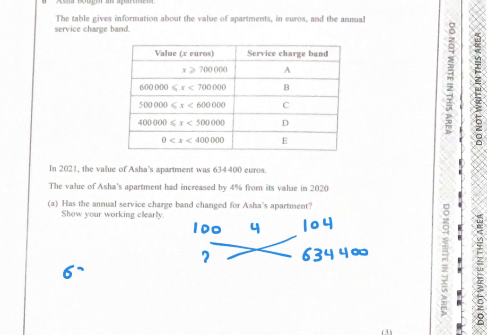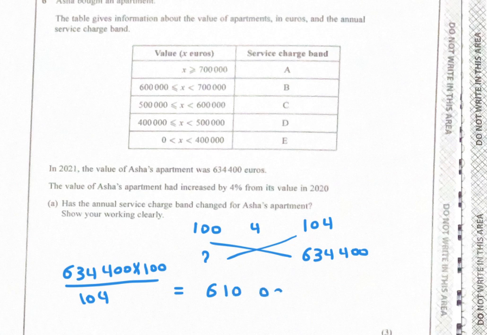So 634,400 times 100 divided by 104 equals 610,000. Now from the table, 610,000 is between 600,000 and 700,000. So the service charge band is B. So before and after it is still B, so no change for the service charge band.